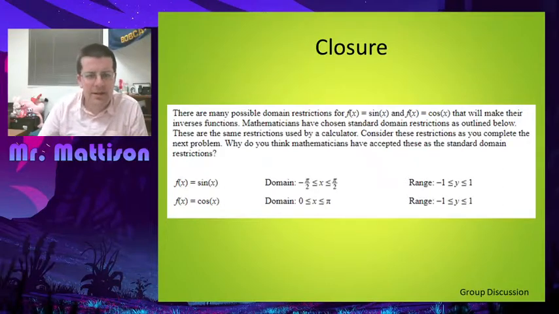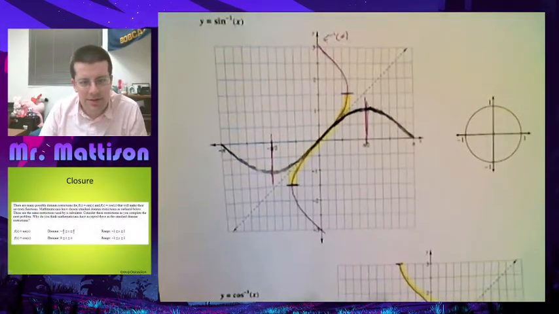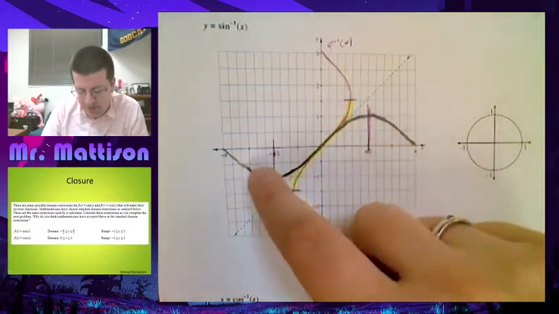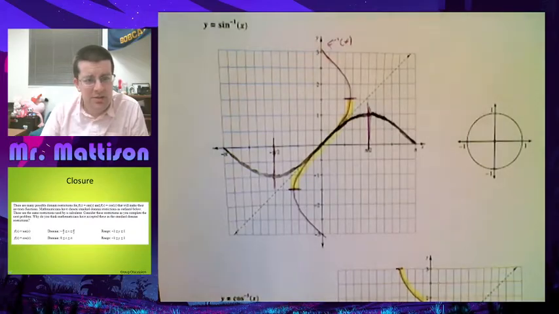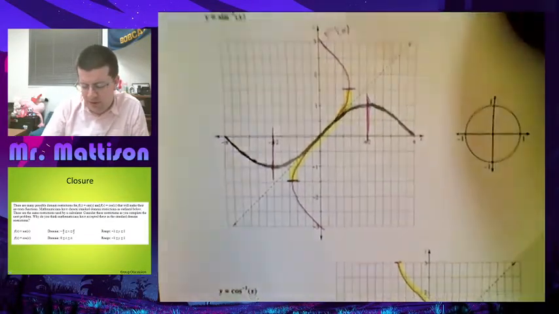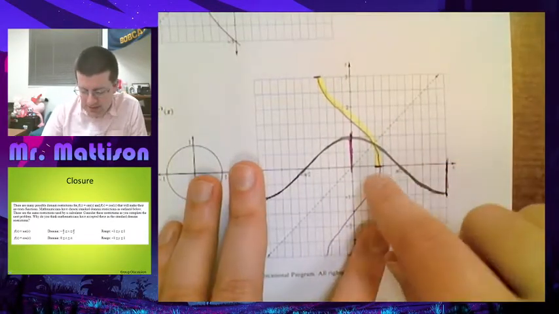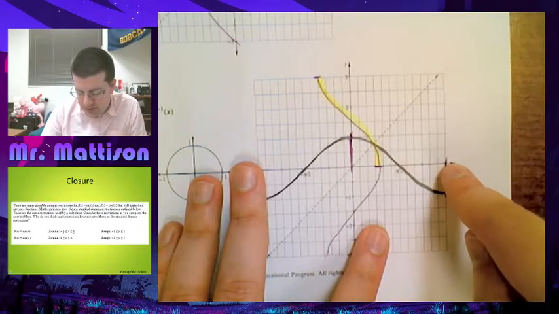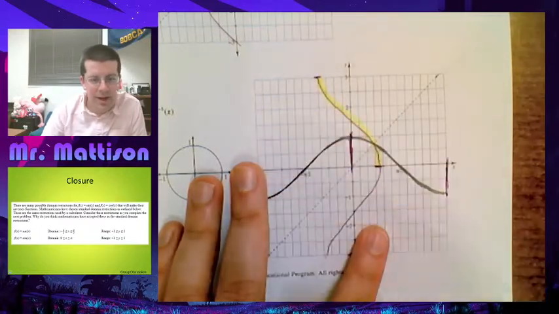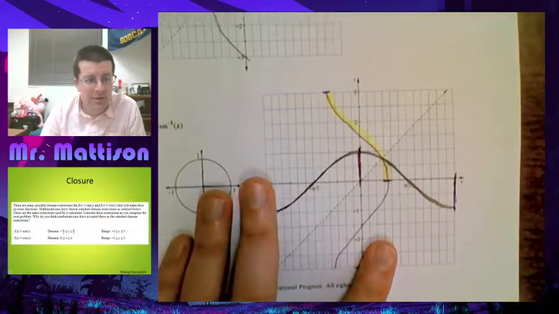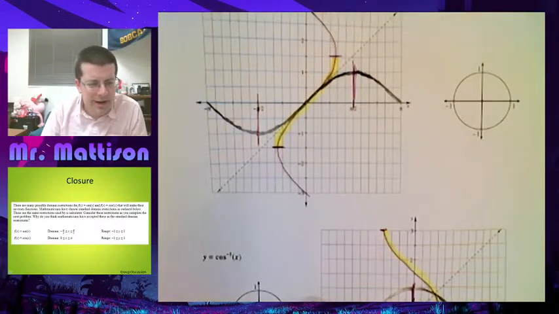For sine we use between negative pi over 2 and pi over 2, which we saw by looking here and saying, well, that's what gives us this nice middle value, which is connected and gets the stuff which we like to use quite a bit. For cosine, we restricted it to 0 to pi because that gives us this nice above the x-axis value here for our inverses. Works out very nicely for us.